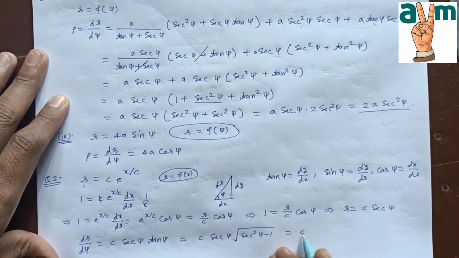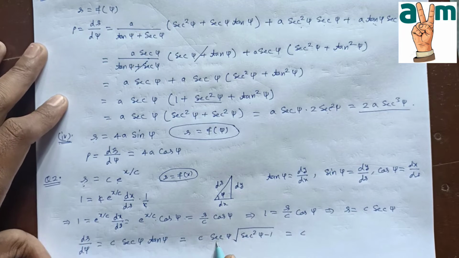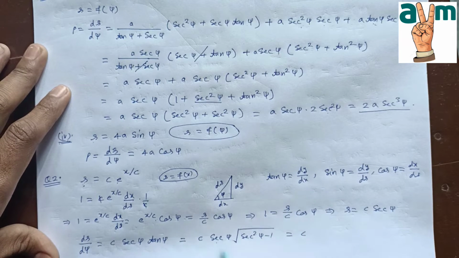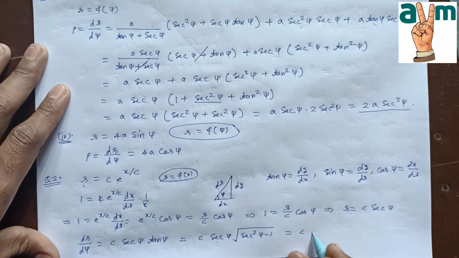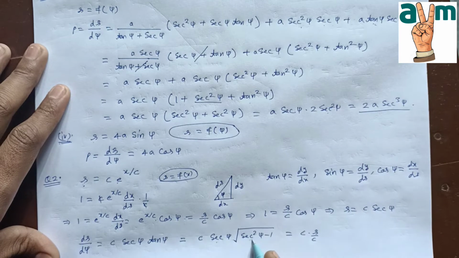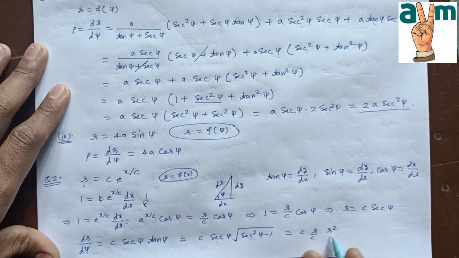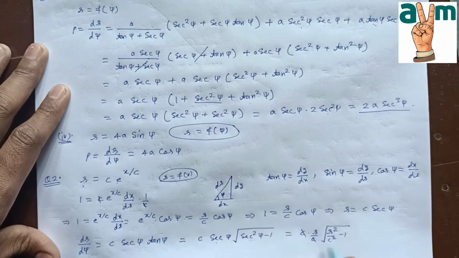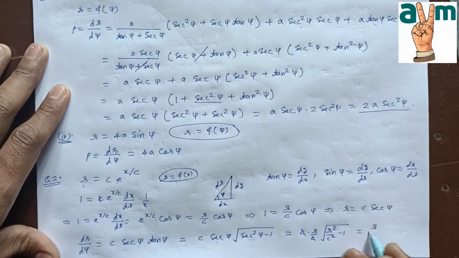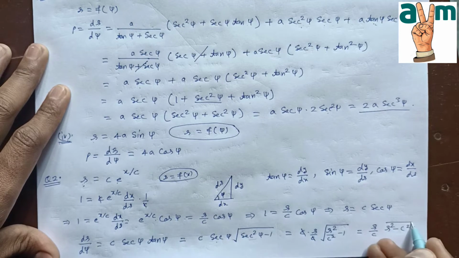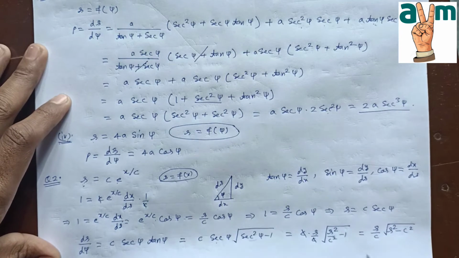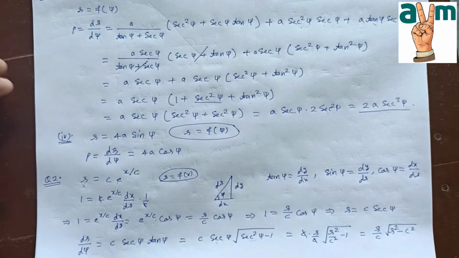So this is c secant psi, where secant psi is s upon c, and secant square psi is s square upon c square, minus 1. From c to c cancel out. This thing is equal to s by c, square root of s square minus c square. This is our radius of curvature.